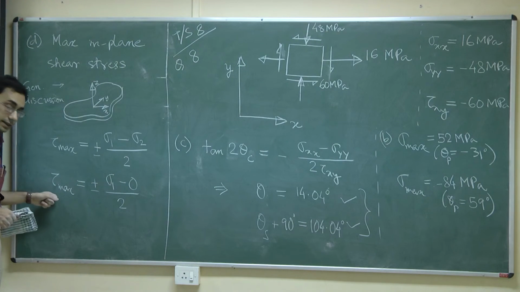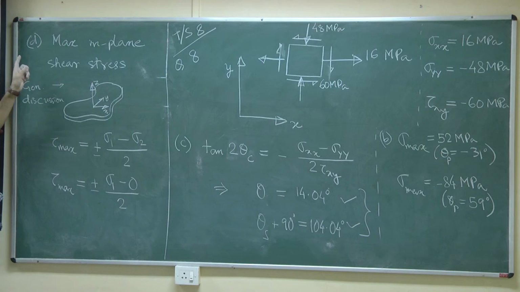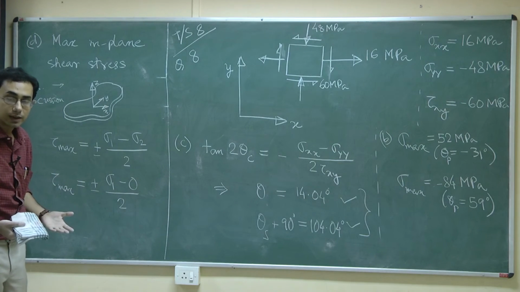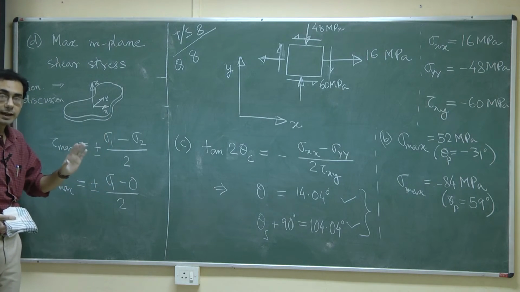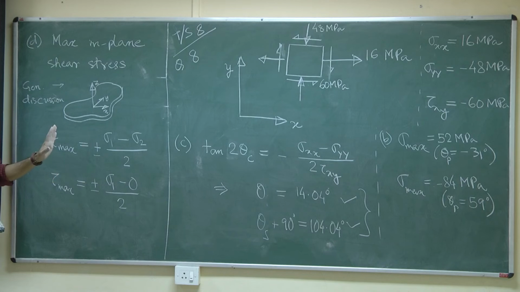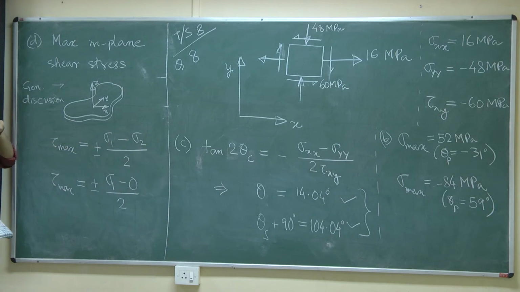That means this should really be referred to as the maximum shear stress, which is why in our question it has been asked very specifically that you find the maximum in-plane shear stress. Implicit within that is: you make your life easy, you stay within that plane, do not worry about the z axis business, and you consider the maximum value of the shear stress which you obtain by taking this formula. That is what it means.